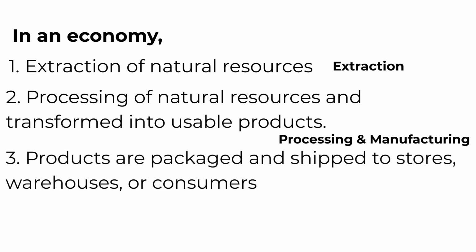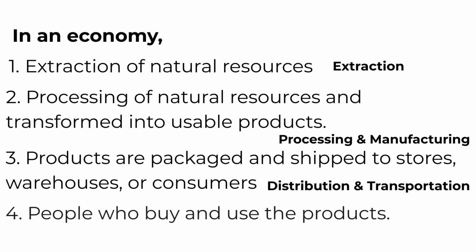Then the products are packaged and shipped to shops, warehouses, or consumers. This is known as the distribution and transportation process. Lastly, people buy and use the products, and this is the consumption and usage process.